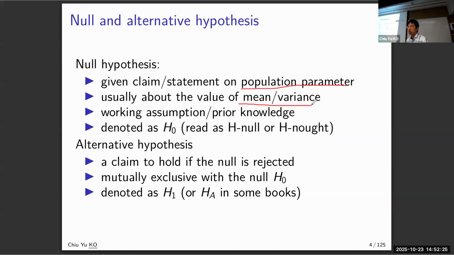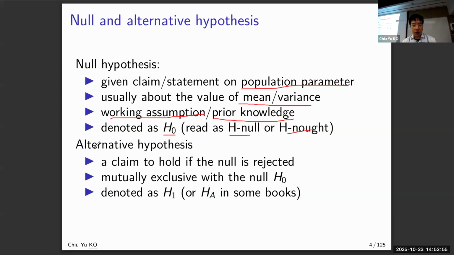You say the mean is 0, mean is 10, mean is 20, variance is 30 something, okay? You have some idea, where it comes from either prior knowledge, a prior estimation or some working assumption that comes from somewhere else. It is denoted as H null, H naught or H zero, which is something we start with.